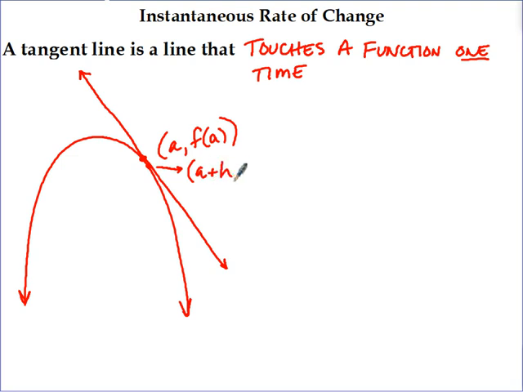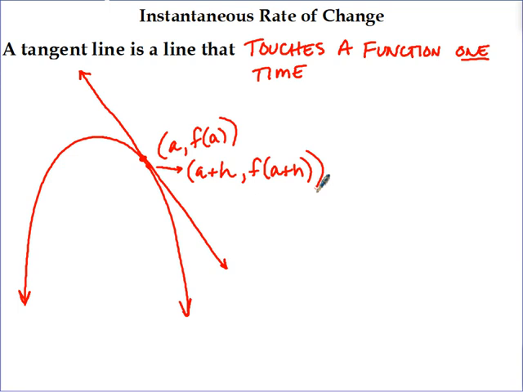And let's make that little bit be h. So whatever my value here is of a, I'm going to add just a little tiny bit to it. So I want h to be very small. Okay, so then my y value for that point is going to be f of a plus h.